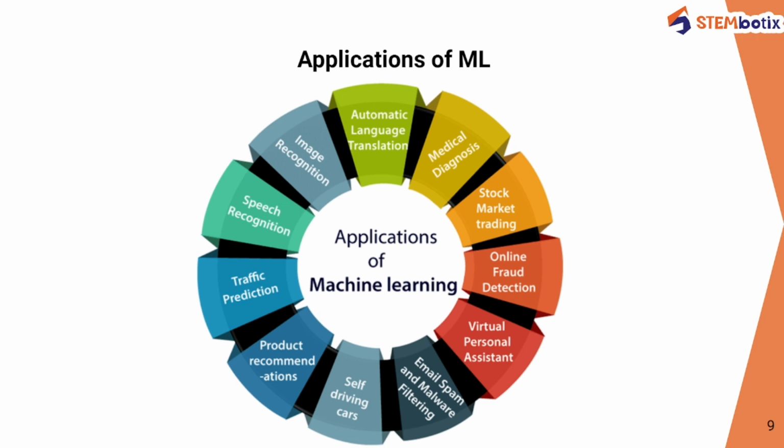For example, in image recognition, machine learning allows the system to automatically identify and categorize objects in images, such as classifying whether a picture contains a cat or dog. Similarly, machine learning is used in recommendation systems, like those employed by streaming services, to suggest movies or music based on a user's preferences and viewing history.